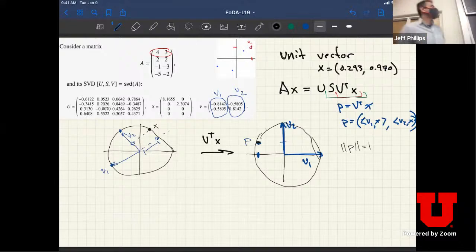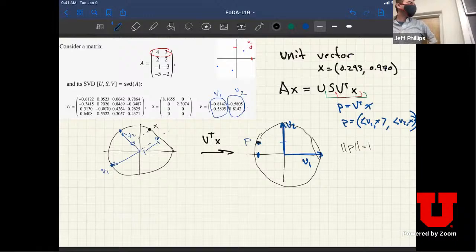Instead of being in the original coordinate system, shown here on the left, on the right I'm in a new coordinate system defined by V1 and V2. That's all; I've kind of just rotated. If I had another point, it would be changed in the coordinate system as well. If it started on the unit circle, it'll stay on the unit circle. X has been mapped to P in a similar way.